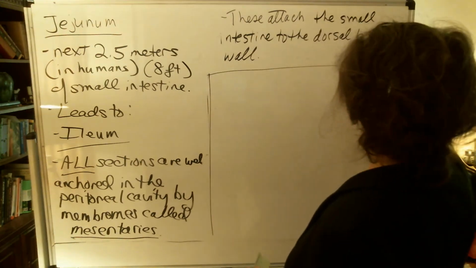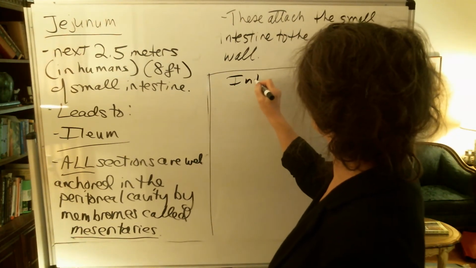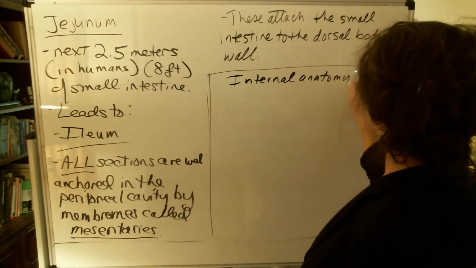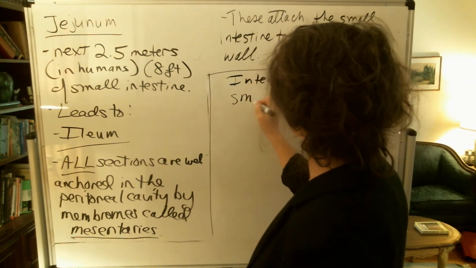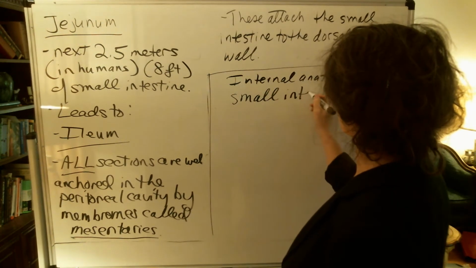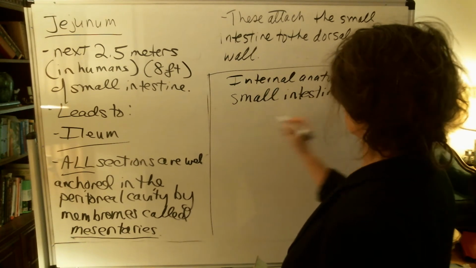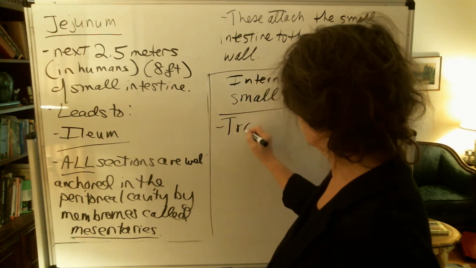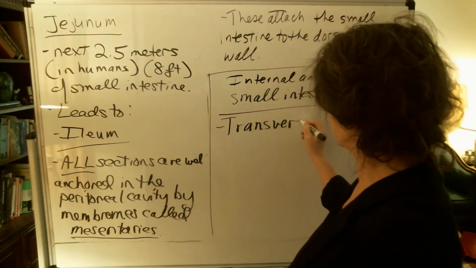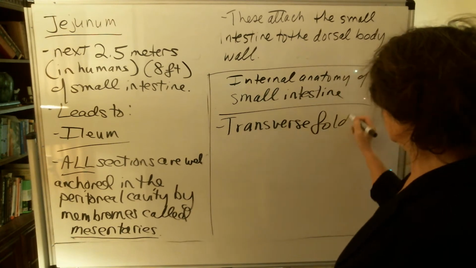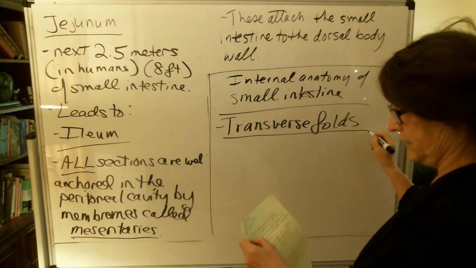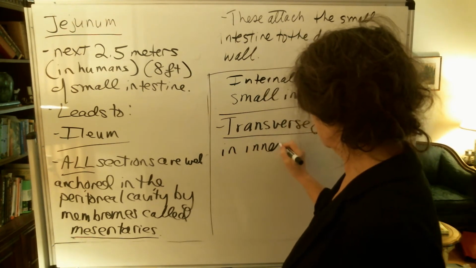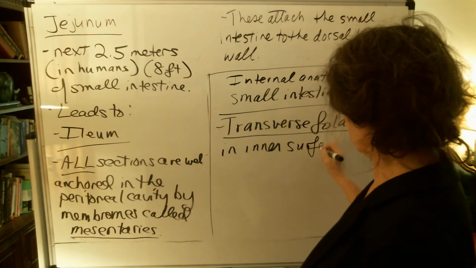Now let's talk about the internal anatomy of the small intestine. First, there are transverse folds in the inner surface.